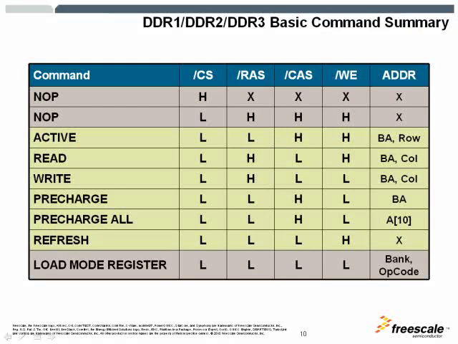Here is a basic chart of commands, and I'd like to point out that the commands that are sent to SDRAM are all active low. Here we have chip select, row access select, column access select, and write enable, and they are all active low.